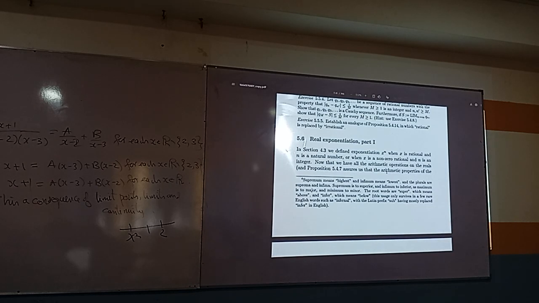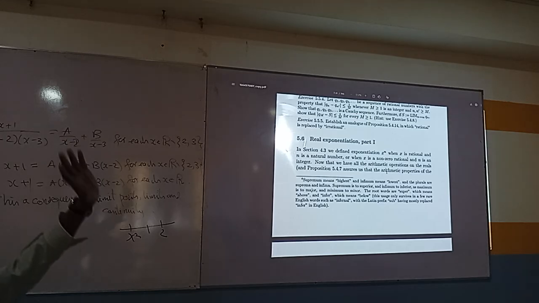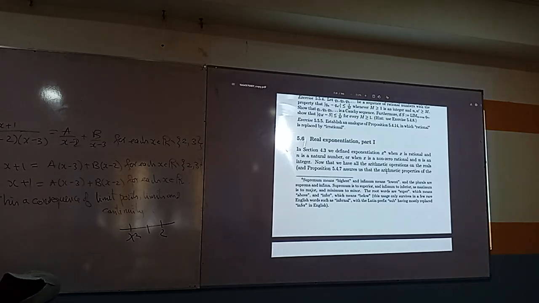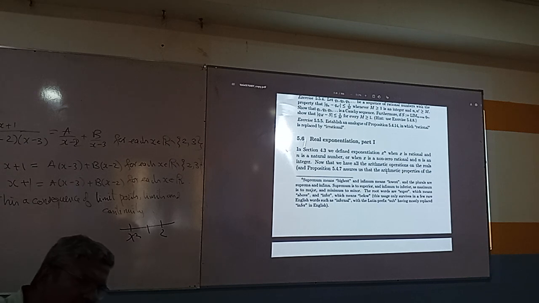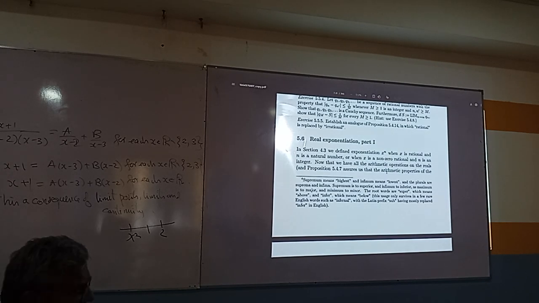Real exponentiation, part 1. Very important now that you know, to a man in the street, he cannot understand that there is a number x such that x squared is equal to 2, because he is thinking of actual numbers, those that can be written. They are rational numbers always.